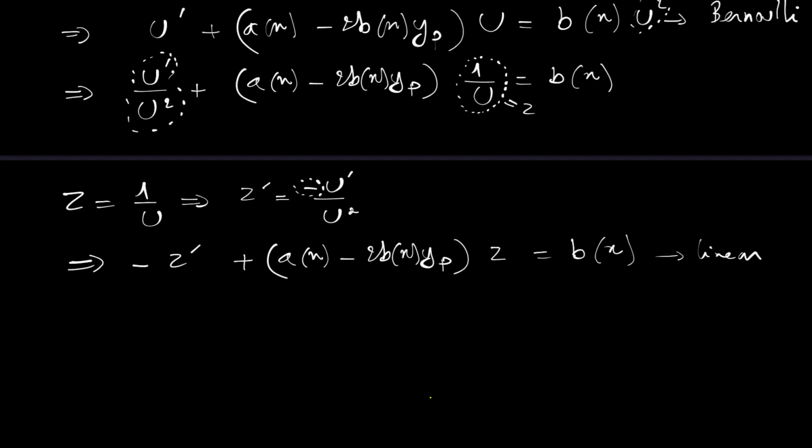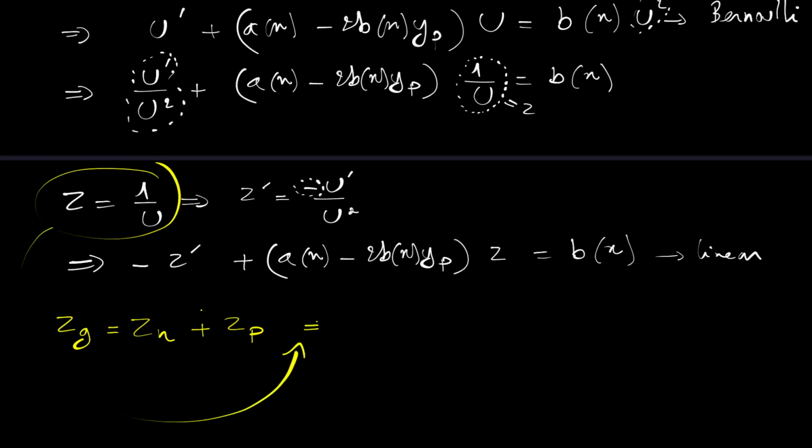To solve it, first we find the homogeneous solution, then the particular solution using the variation of the constant. Summing them, we get the general solution of the linear equation. Going back to our substitution, we get u equals 1 over z.